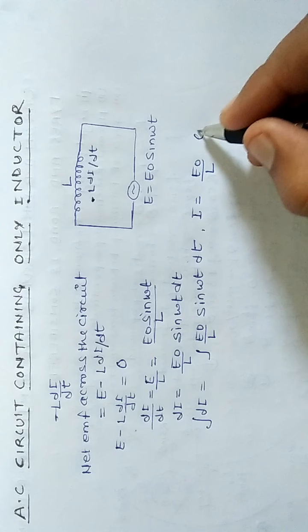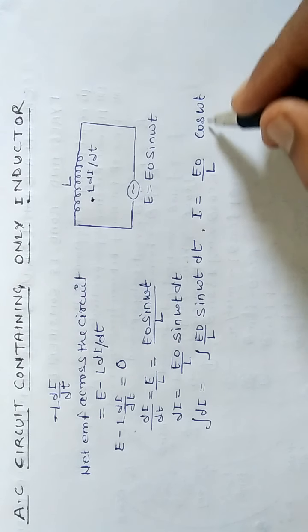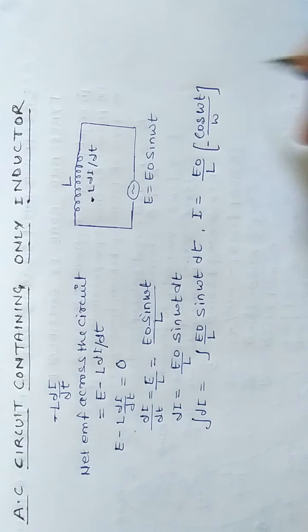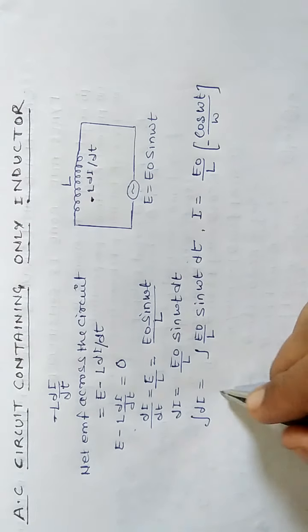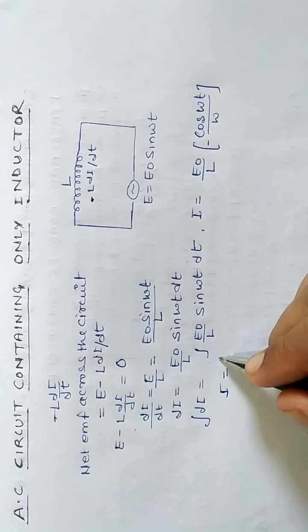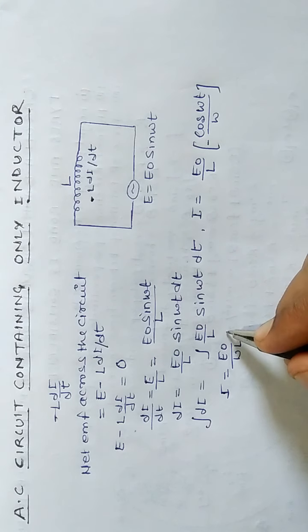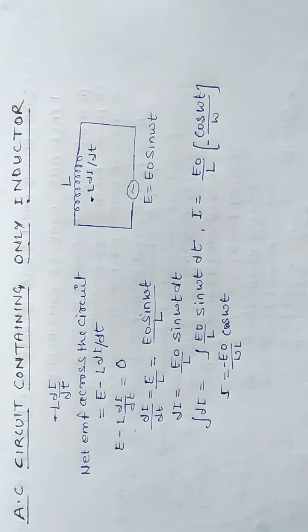Sin ωt can be integrated and it will give −cos ωt/ω. So from here we are getting I = −(E₀/ωL) cos ωt.